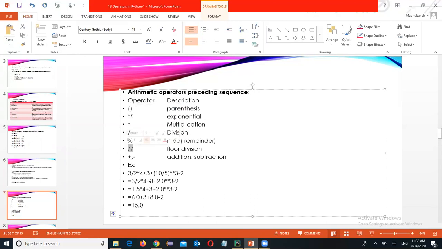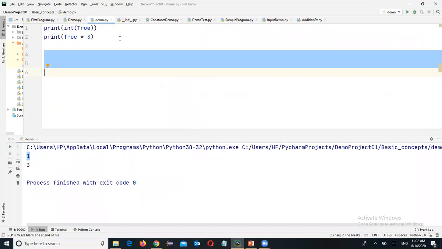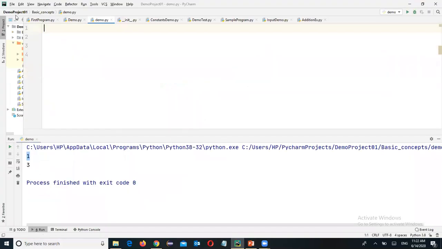After that, plus and minus. When different operators are in one line, to avoid conflict, try to give them in brackets, because the bracketed value is completed first.